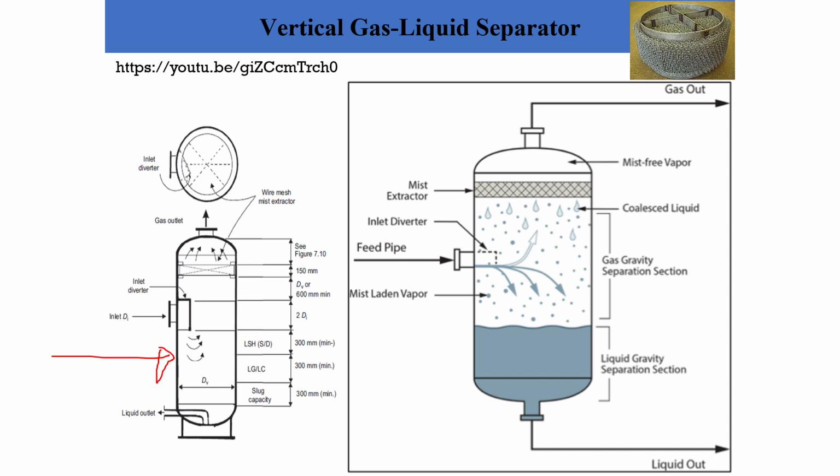But now let's look at the sketch on the right side. This sketch shows the major components or sections that have to be inside any separator, where you can find the first component, what we call the inlet diverter, and we also have something called the mist extractor.